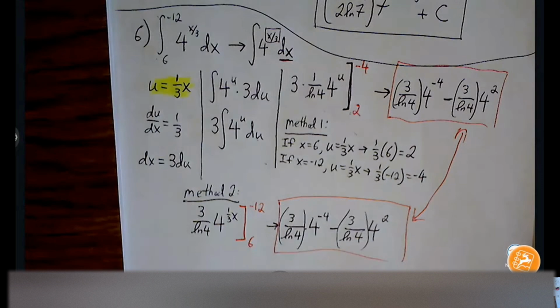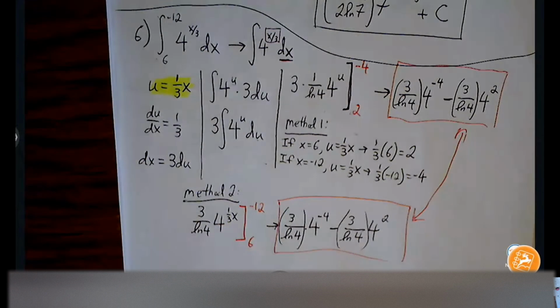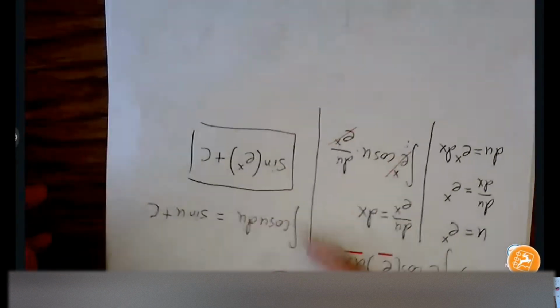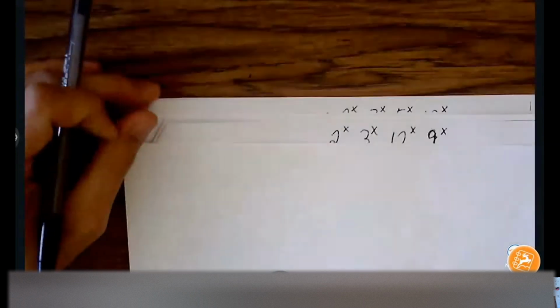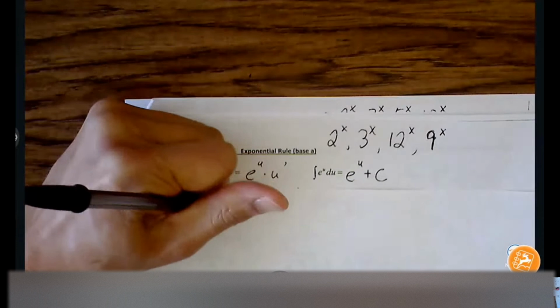All right, let's look at some mixed reviews on the back of the notes page of 5.5. Okay, so let's start off with number 1 here. This is off the mixed review.